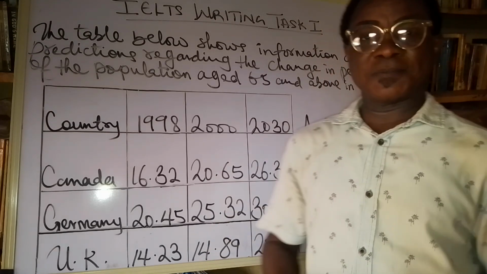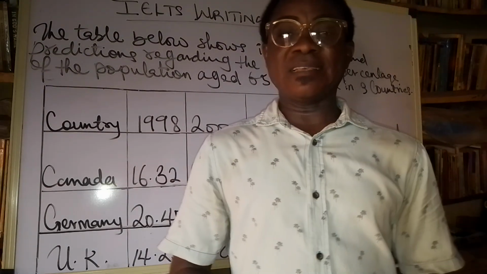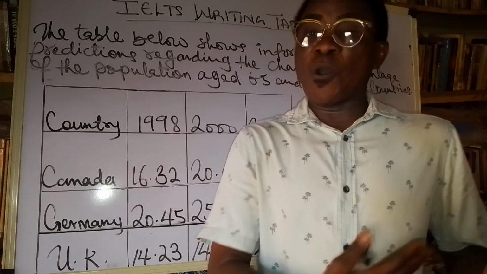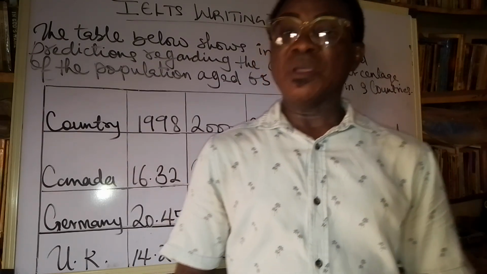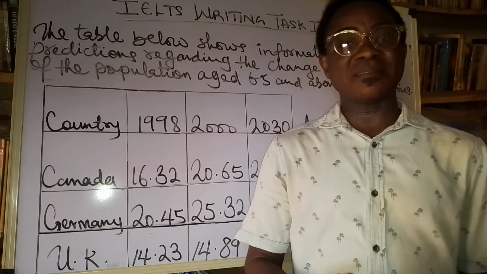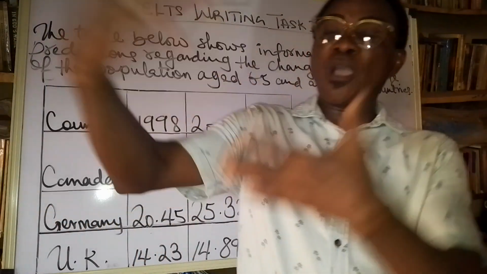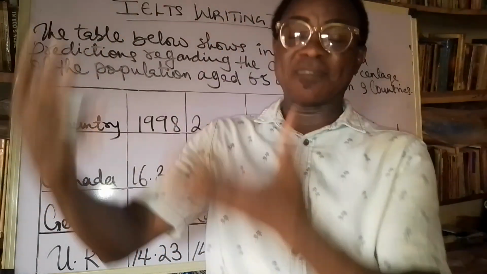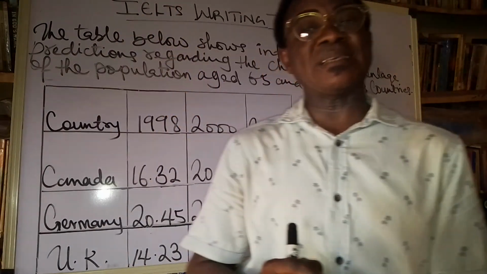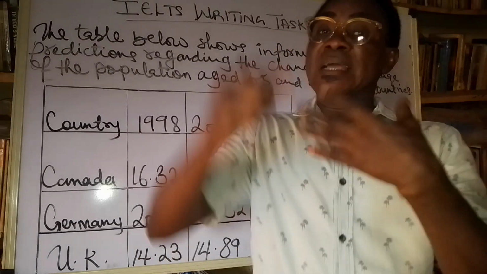To begin with, what the table is measuring is the change in percentage over a period of time. The period is 1998 to the year 2000, and then with predictions covering up to the year 2030, measuring the population of these 3 countries aged 65 years old and above.